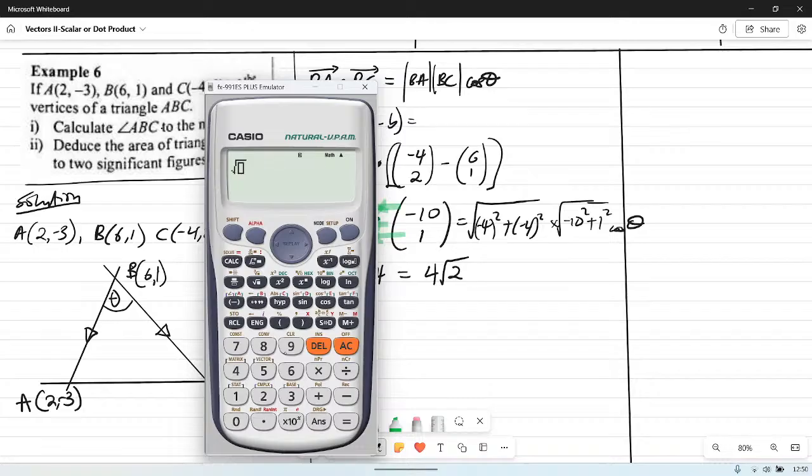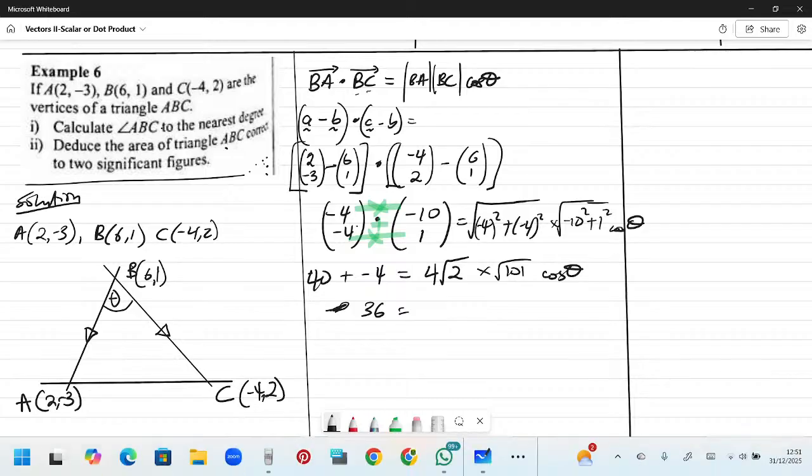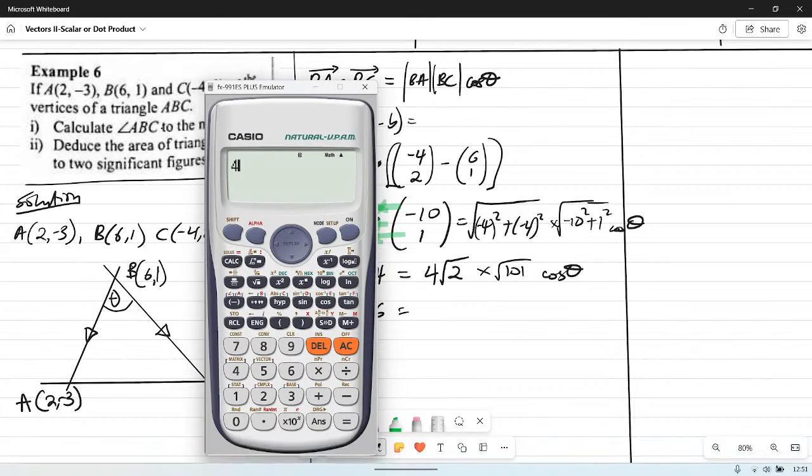Whether it's negative or positive, it will give you the same answer. Negative 10 squared plus 1 squared, or root 100. Sorry, I said root 101. So this gives you negative 36. So 36. So 4 root 2 times root 101, 4 root 202.